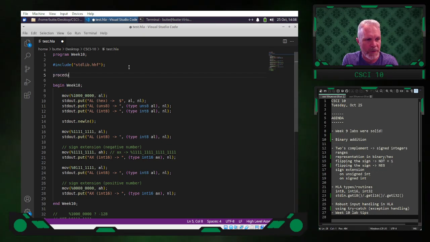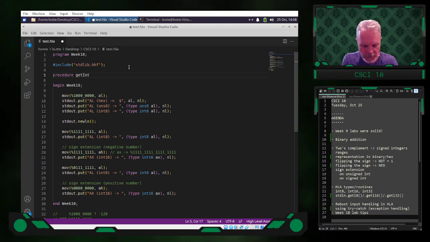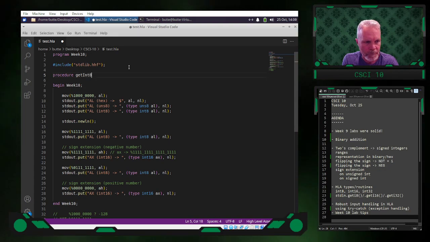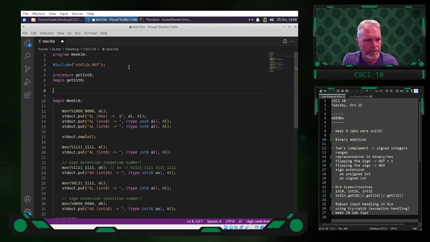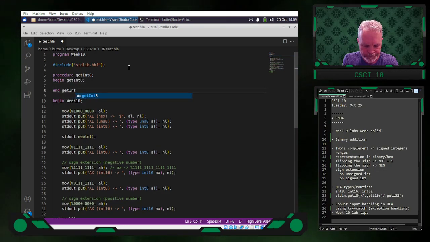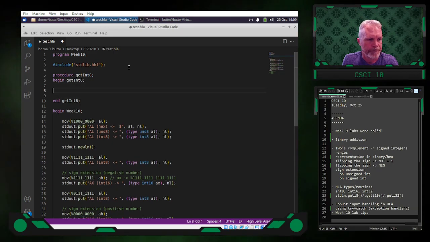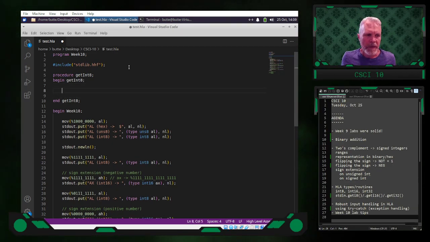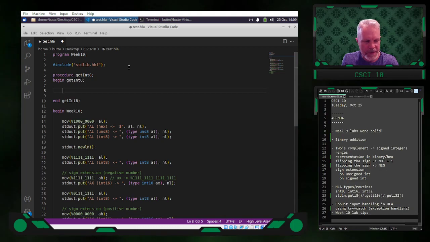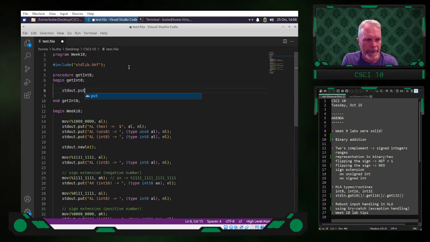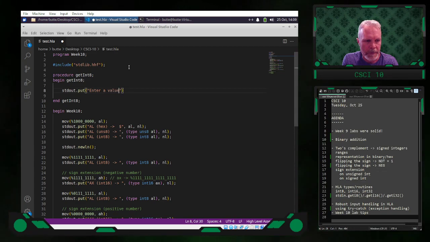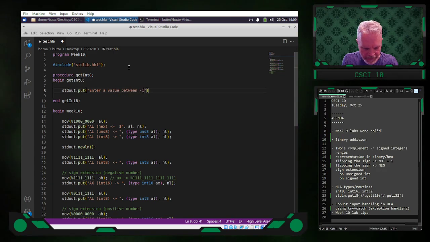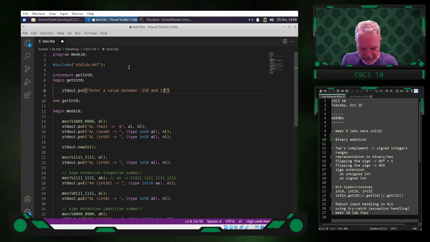So let's just do a get int 8. Okay, so the basic process, of course, is just standard out output. Enter a value between negative 128 and positive 127.